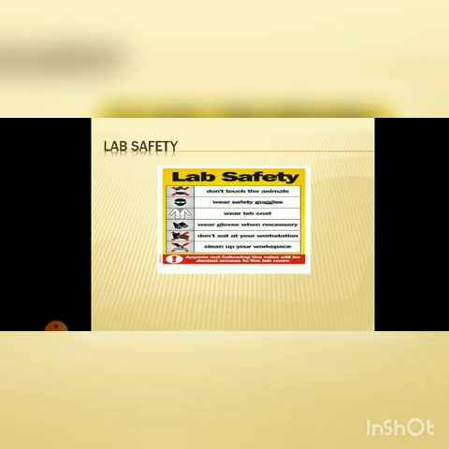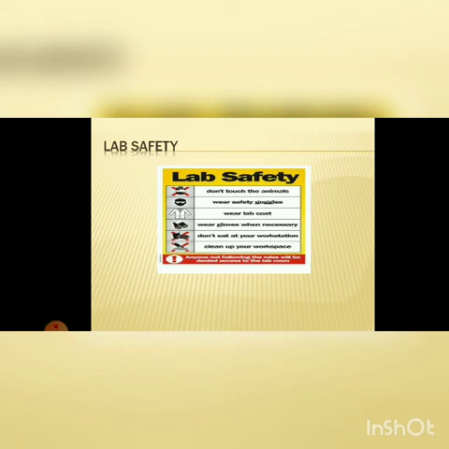Now, lab safety. We have to follow all the lab requirements and lab safety, because there is a chance of burns, and if we don't use the solutions properly, then there is a chance of accident.